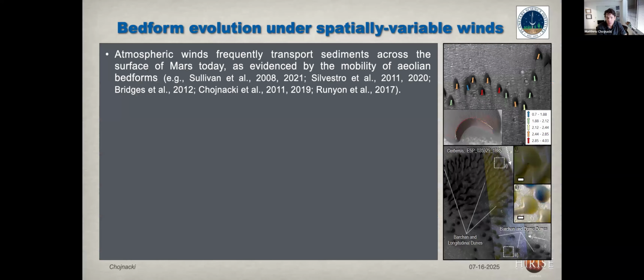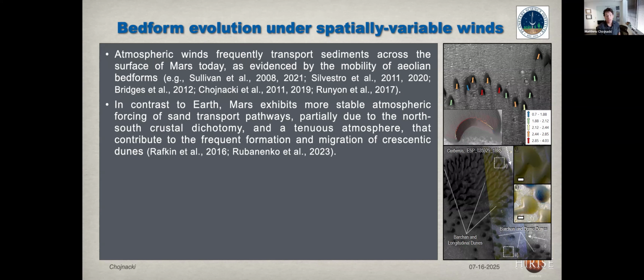So to give you a little context, bedform evolution under spatially variable winds has been looked at a little bit on Mars, but particularly for this study. We know that atmospheric winds frequently transport sediment across the surface of Mars today, as evidenced by the mobility of aeolian bedforms observed both from orbit and in situ.